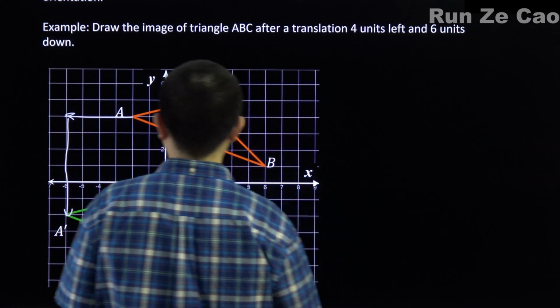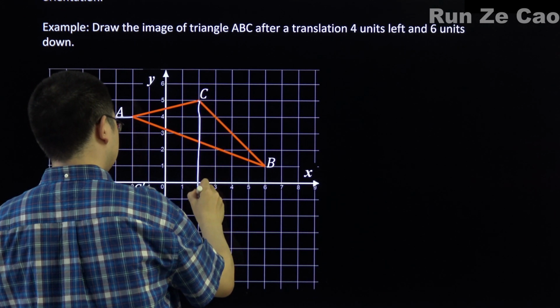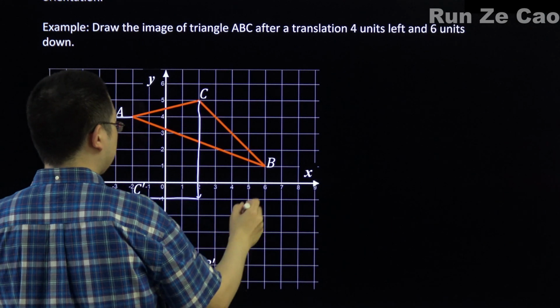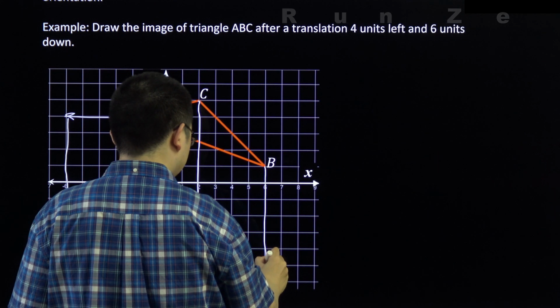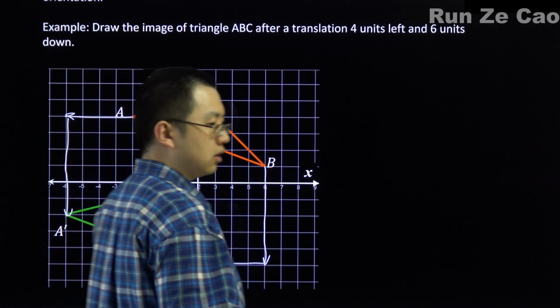I'm going to draw these as 6 down and 4 to the left. The order doesn't actually matter, just so that I can actually draw all of them without having any of them intersect. Okay?